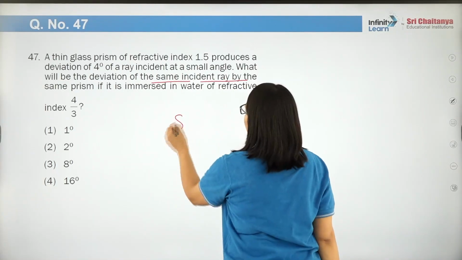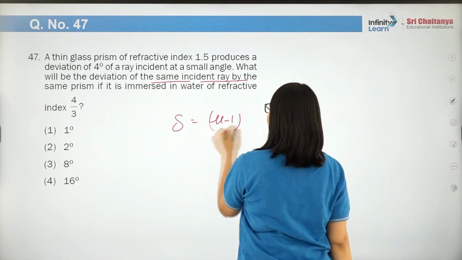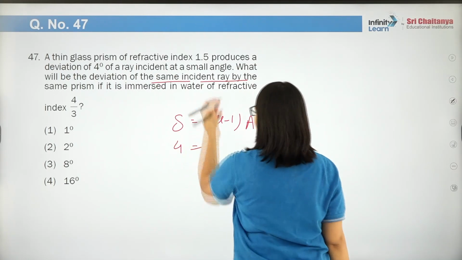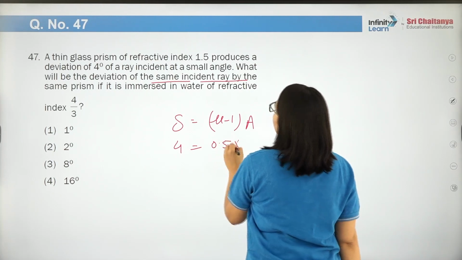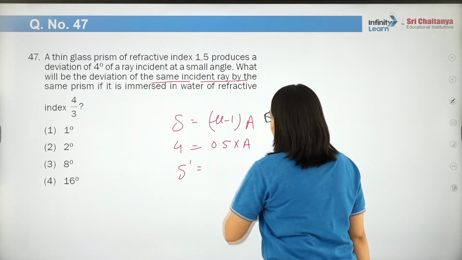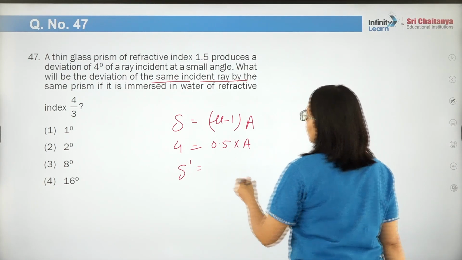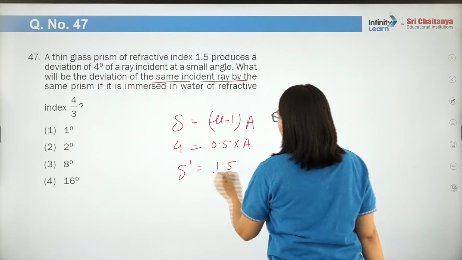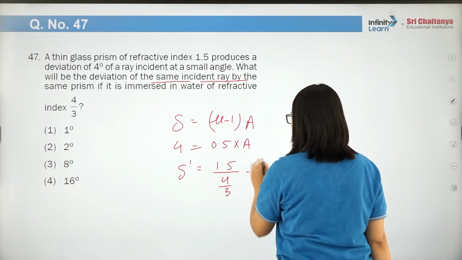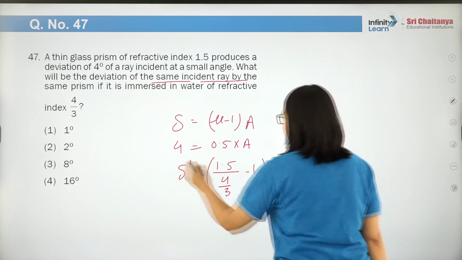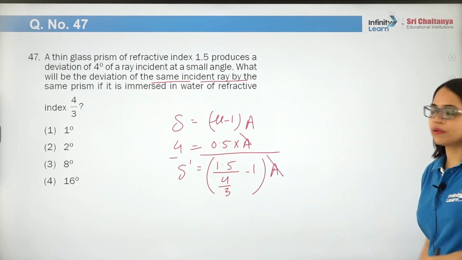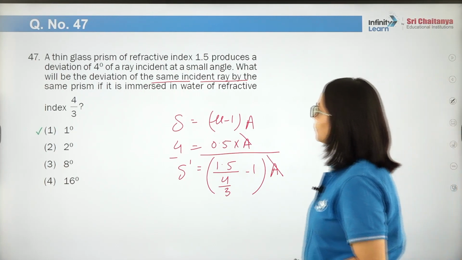Initial deviation delta is (mu minus 1) into A. So 4 is equal to (1.5 minus 1) into A. Now the new deviation is, let's say, delta dash, and this is (mu of glass divided by mu of water, that is 1.5 divided by 4/3, minus 1) into A. Let's divide these two equations. A cancels. After solving this, you'll get the value of delta dash, that is 1 degree.